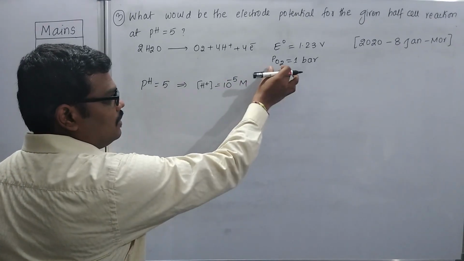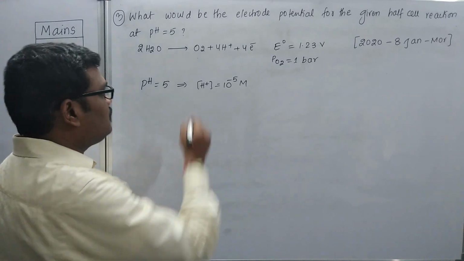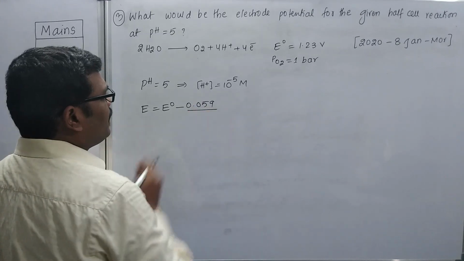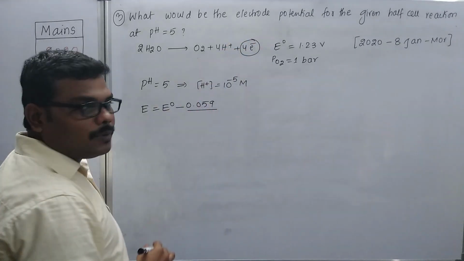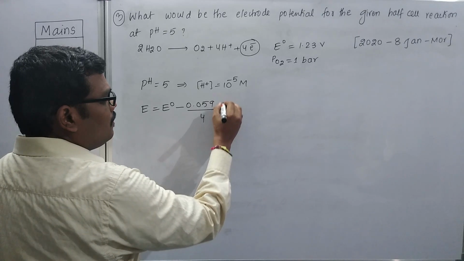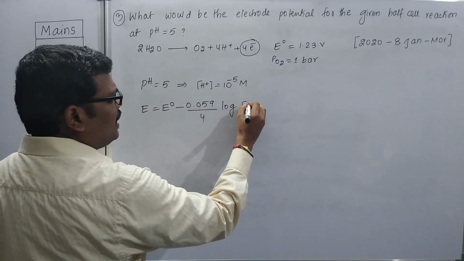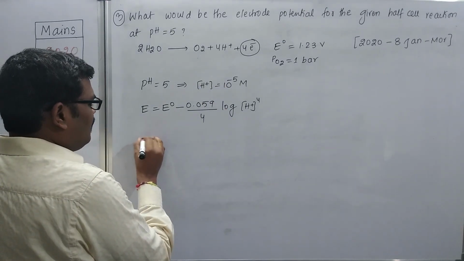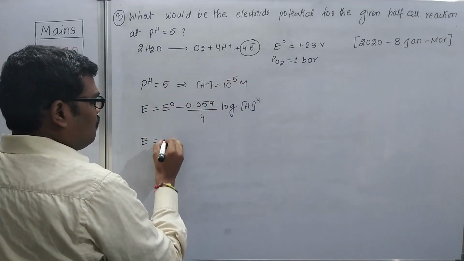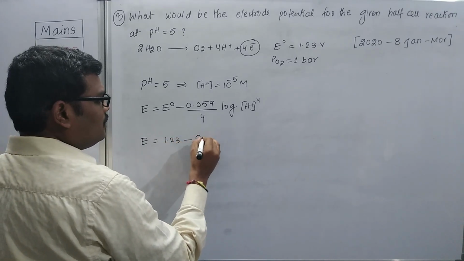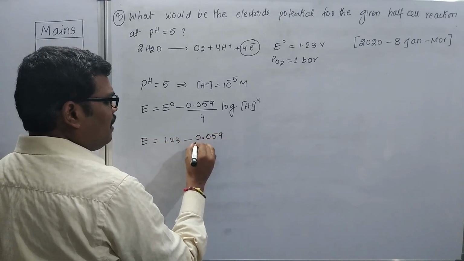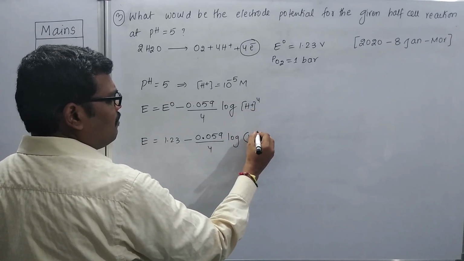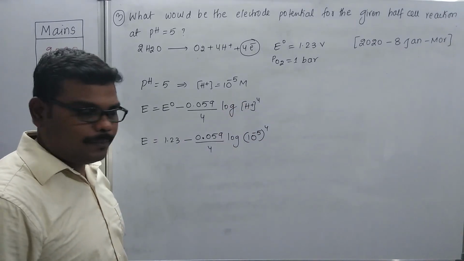Partial pressure of oxygen is 1 bar. Now we write the Nernst equation: E is equal to E0 minus 0.059 by how many electrons are involved in this process? 4. 4 log H plus to the power 4. Now E is equal to, what is E0 given? 1.23 minus 0.059 by 4 log, what is the H plus ion concentration? 10 power minus 5 to the power 4.